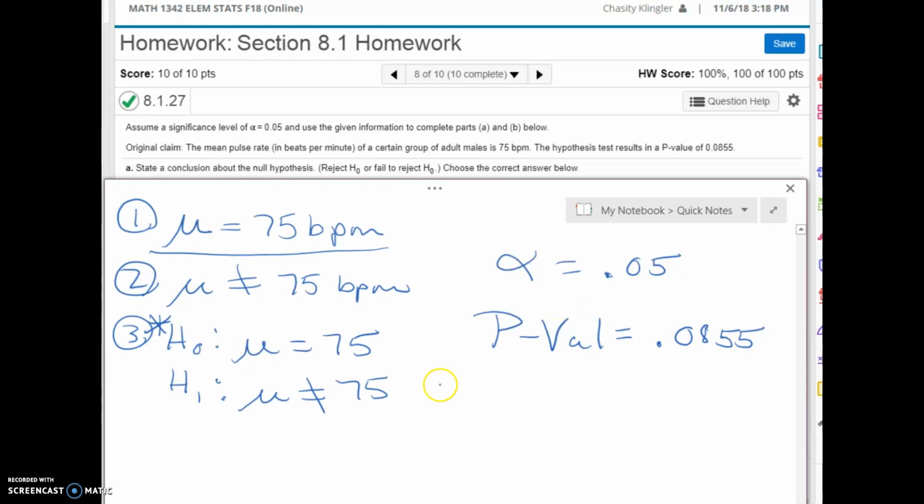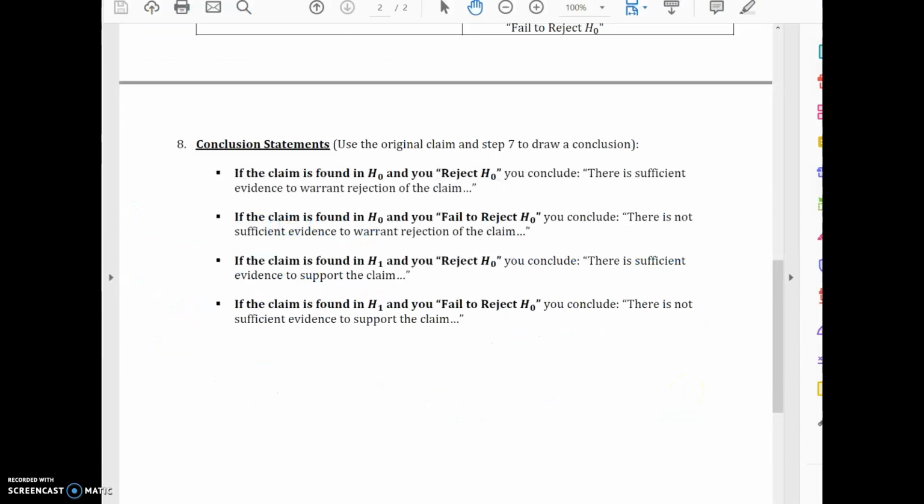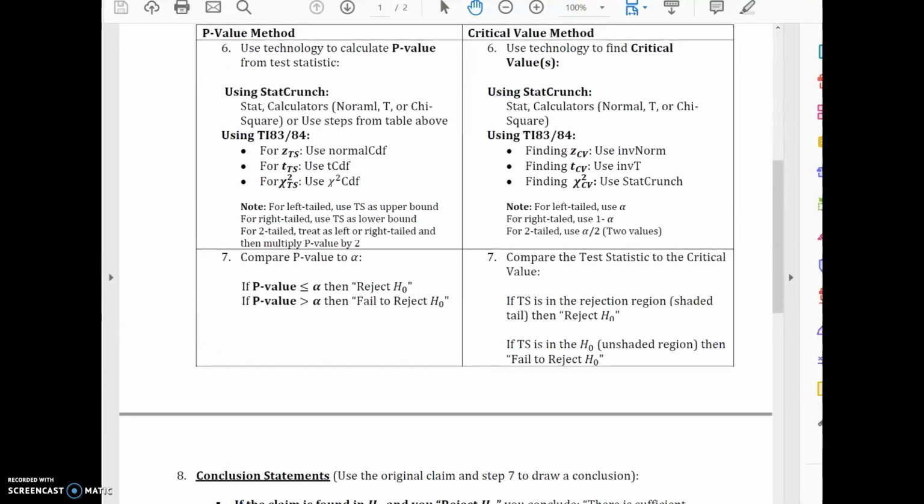So we're down to step 7, which compares the p-value to alpha. So our p-value 0.0855 is greater than our alpha, which is 0.05. So remember from your hypothesis test, if your p-value is greater than your alpha, then you're going to fail to reject the null.